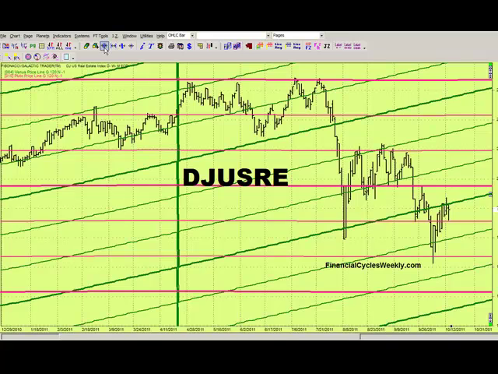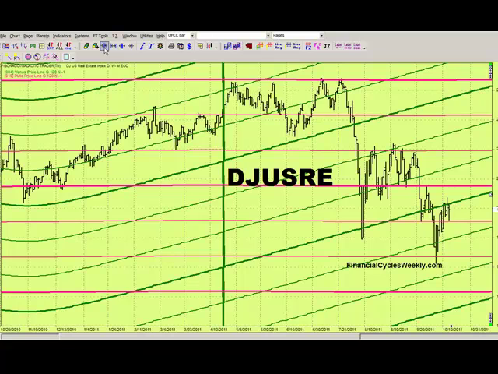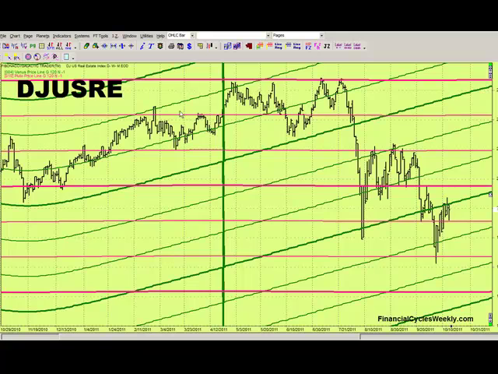Okay, I think this is probably a good indicator here because we can see now a little bit more clearly. Okay, here is our Dow Jones U.S. Real Estate Index, and we will pick up the price bars a little bit more there, so we can get a picture now of what's going on with the Venus and Pluto lines.